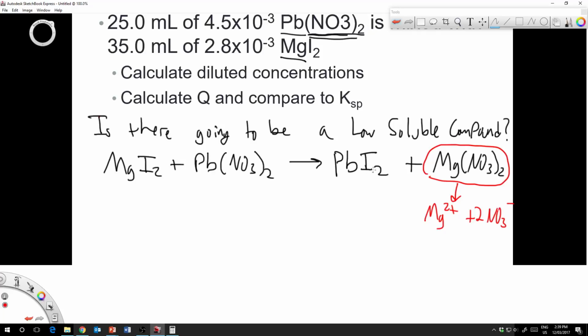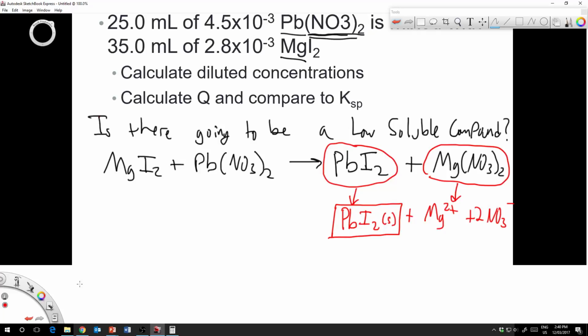Okay, now this lead iodide, we'll check the lead iodide, and that should be a low soluble compound. Lead 2+ for the most part is generally low soluble in just about everything, except for nitrate and some other things. So there you go. This is going to be the precipitate that we expect to form, provided we have enough lead and iodide ions.